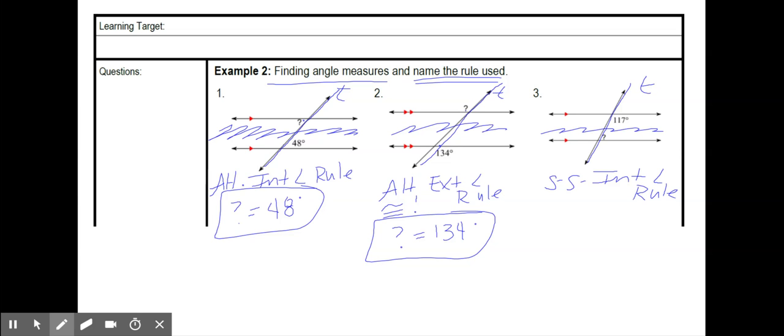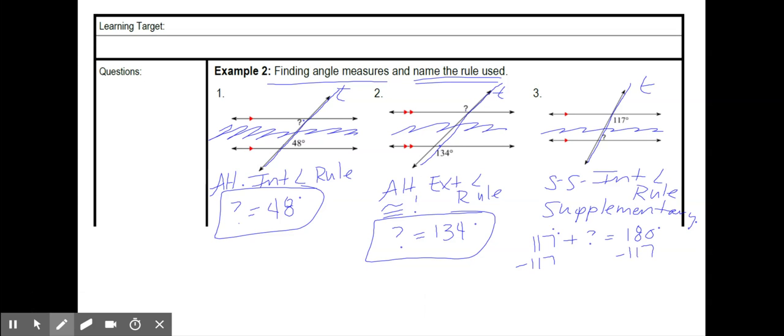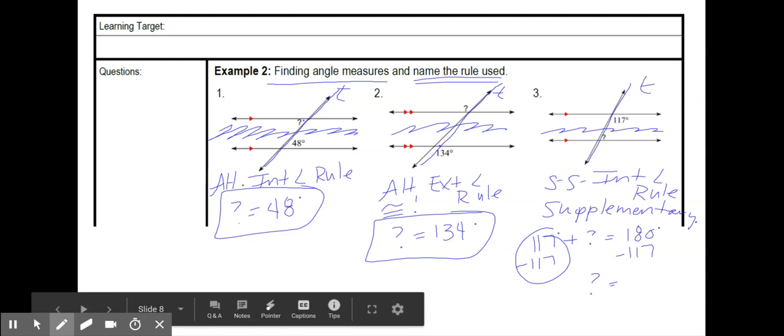And the rule states that they are supplementary. So they add up to 180 degrees. So 117 degrees plus question mark equals 180 degrees. If I subtract 117 from both sides, I see that my question mark is equal to 63 degrees.